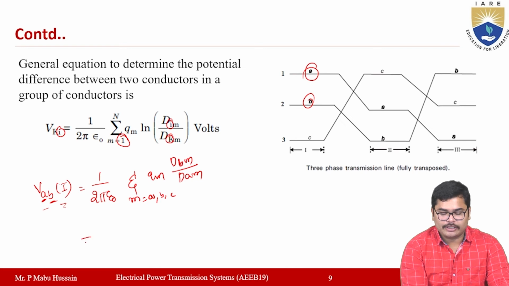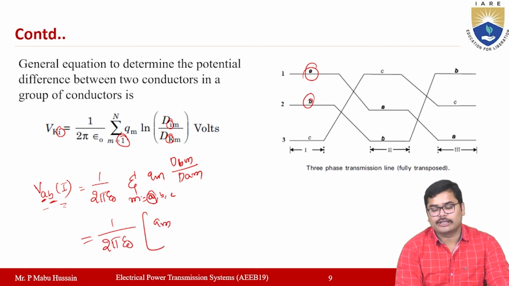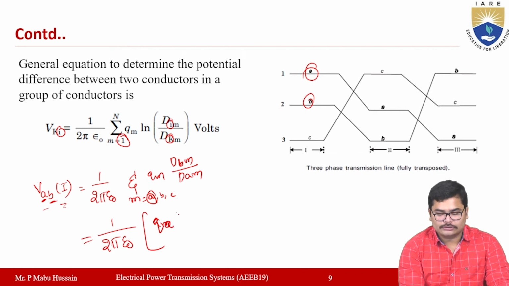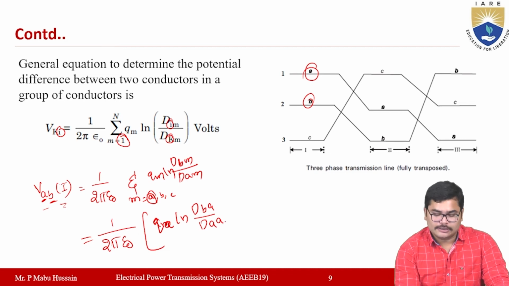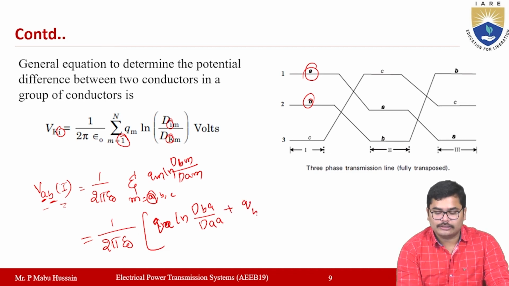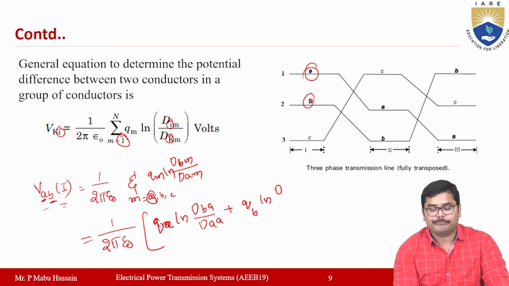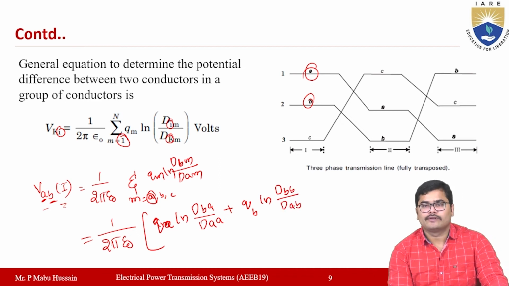So this even can be written as 1 by 2 pi epsilon naught. We expand this Q by considering m is equal to A. So then m is equal to A, then this can be written as QA ln DBA by DAA. Okay. So plus QB. If you consider m is equal to B, then QB ln DBB by DAB.